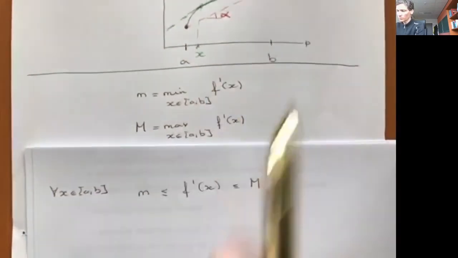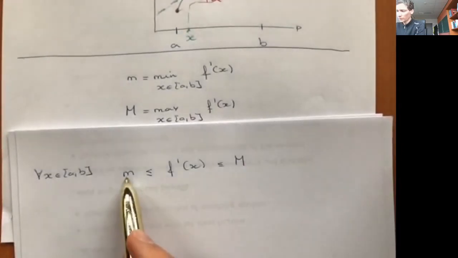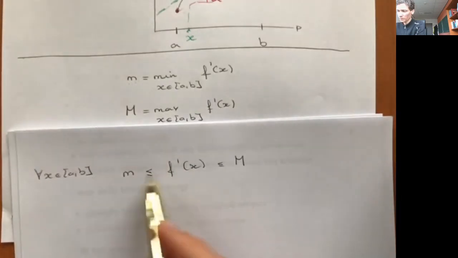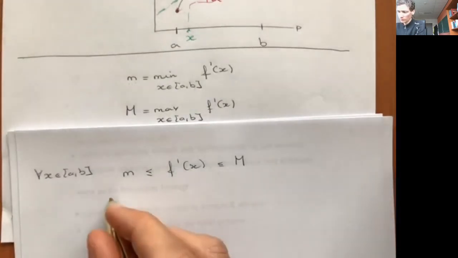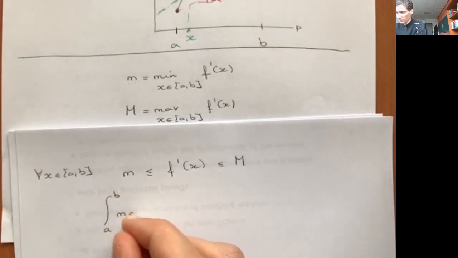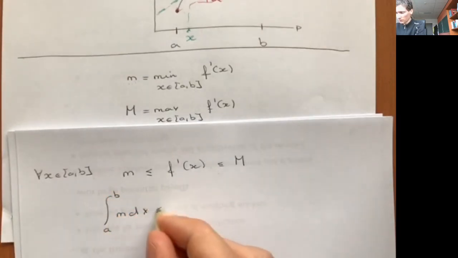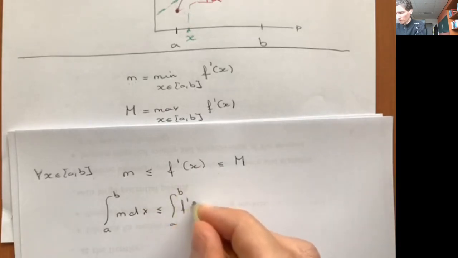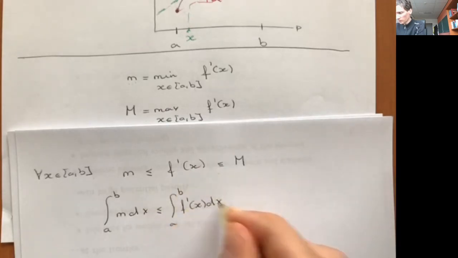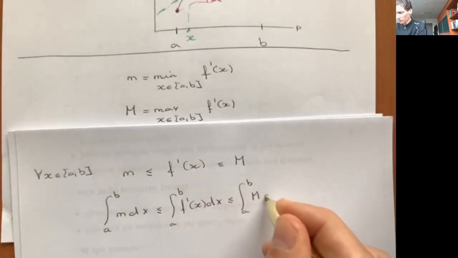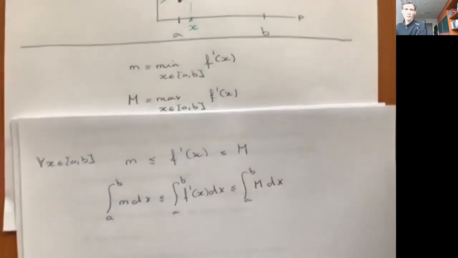What we can do is integrate all sides over the interval (a,b). Because this holds for all x, it also holds if we integrate. So I'm going to integrate from a to b of m dx, which is less or equal to the integral from a to b of f'(x) dx, which is less or equal to the integral from a to b of M dx.